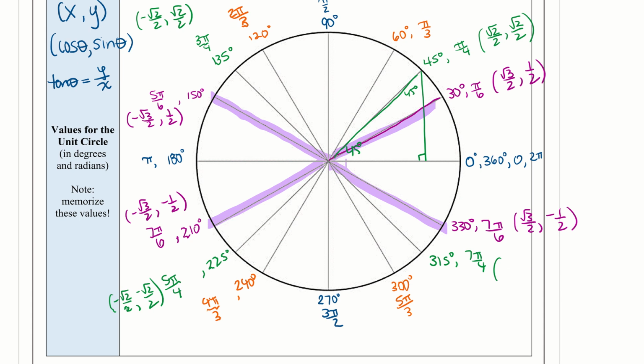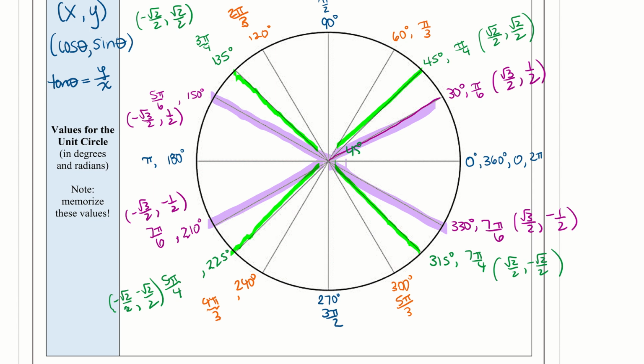Oops, I wrote the wrong values. So all four of those use root 2 over 2, comma root 2 over 2. The signs are determined by the quadrant they fall in.